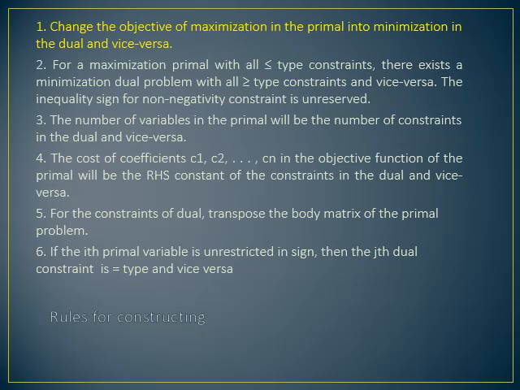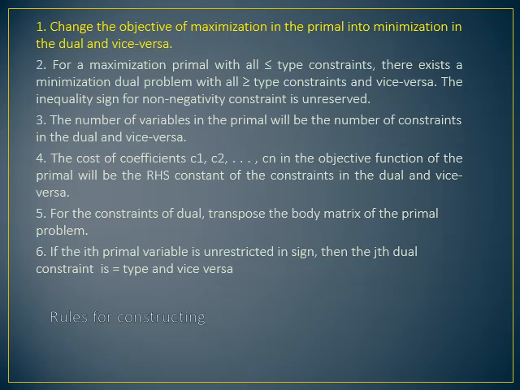The first step of the process of application of the dualistic method: change the objective function of maximization in the primal into minimization in the dual and vice versa. Vice versa means to change the objective function of minimization in the primal into maximization in the dual.